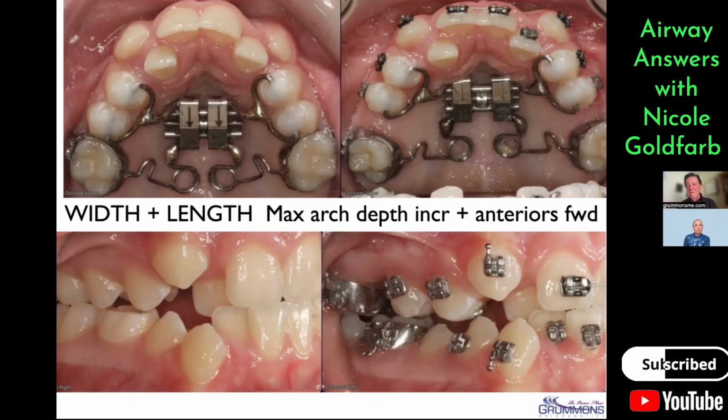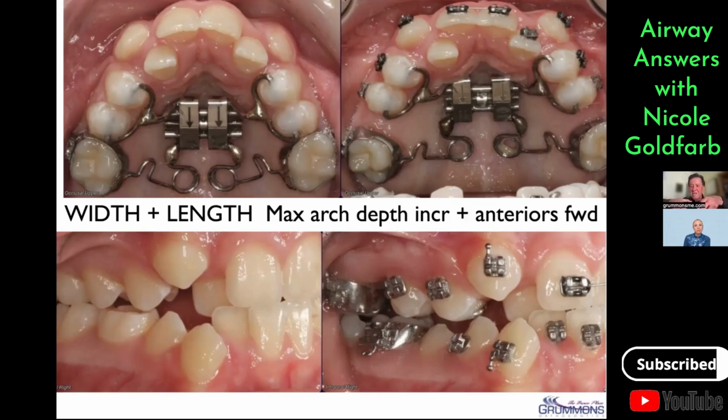Well, what happens when we derotate? We gain space in the arch. So we gain arch perimeter, and we gain arch length within the arch. It didn't come back. It looks like we're distally moving the arch. We're relocating parts of the arch, and at the same time, the whole front of the arch comes forward. We could add a face mask to this if we wanted to ensure it's coming forward.